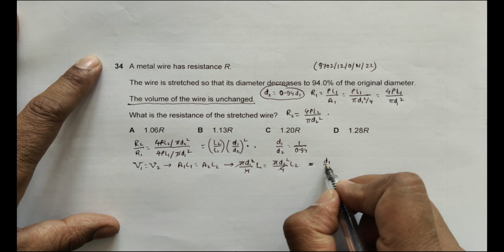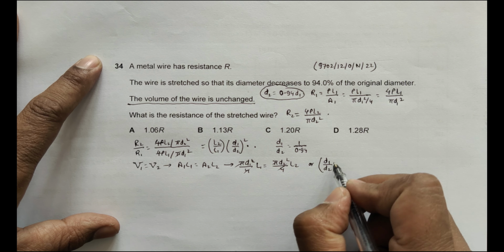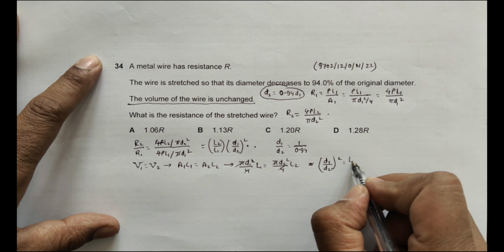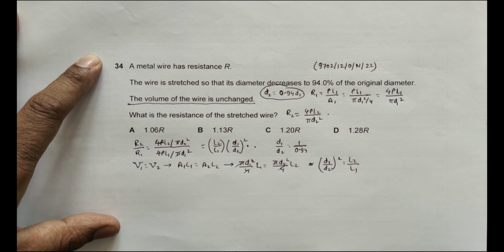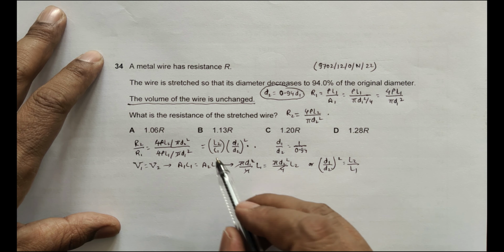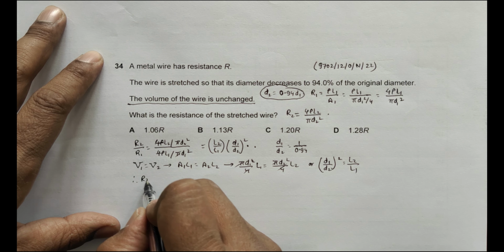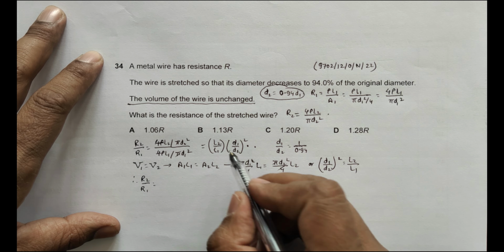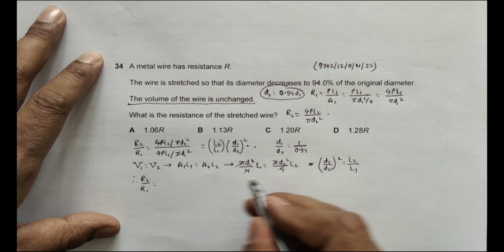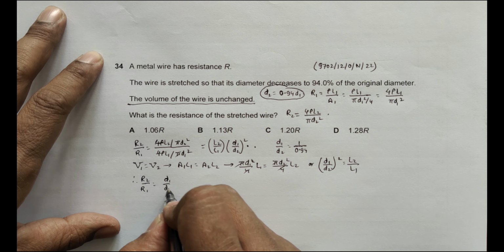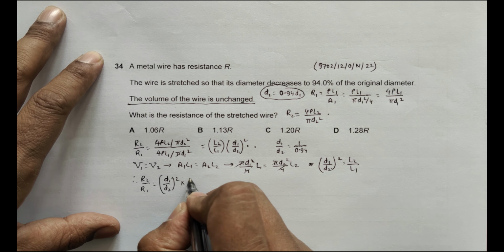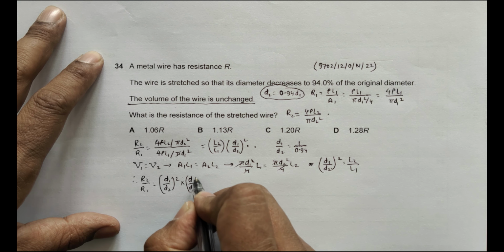So D1 by D2 whole squared is equal to L2 by L1. So L2 by L1 can be substituted like this. Therefore R2 by R1, in place of L2 by L1, I'll use this.